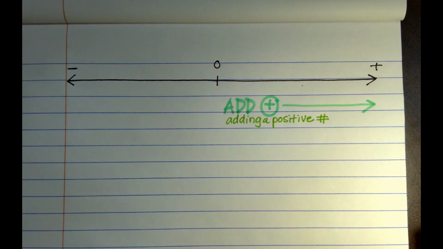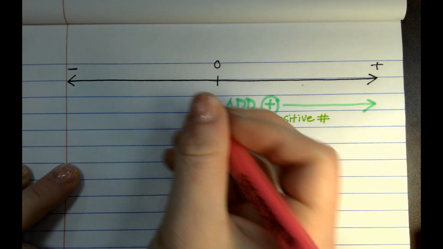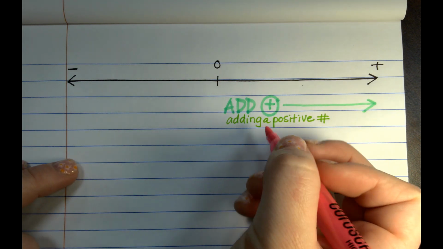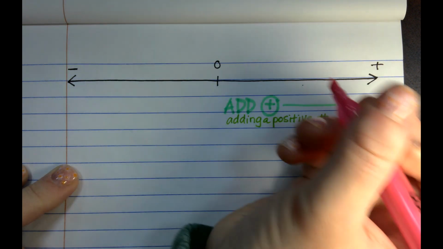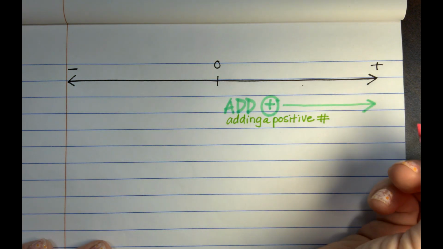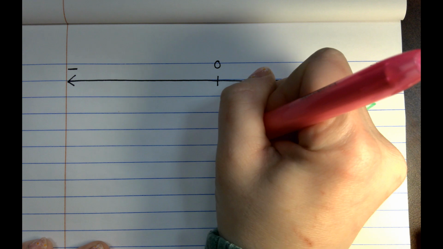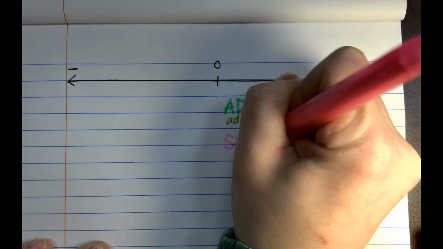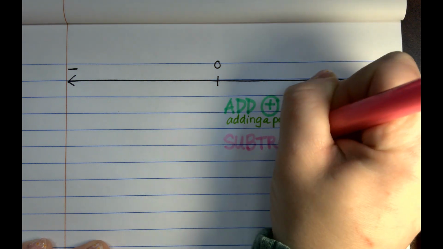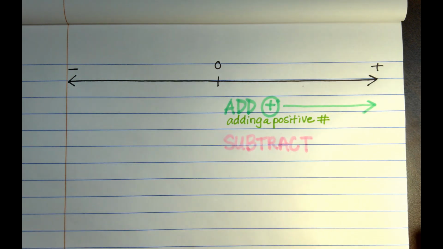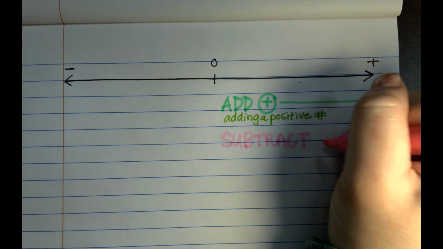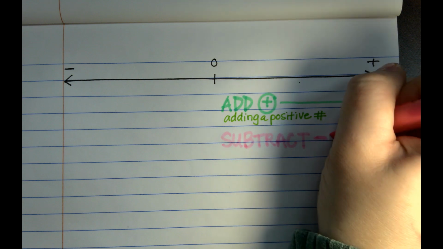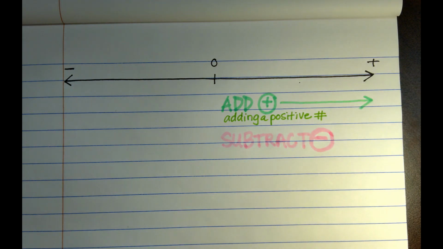When we subtract a positive number, let's see, what direction do we move when we subtract a positive number? To the left. Good. So subtract a positive number. Minus.